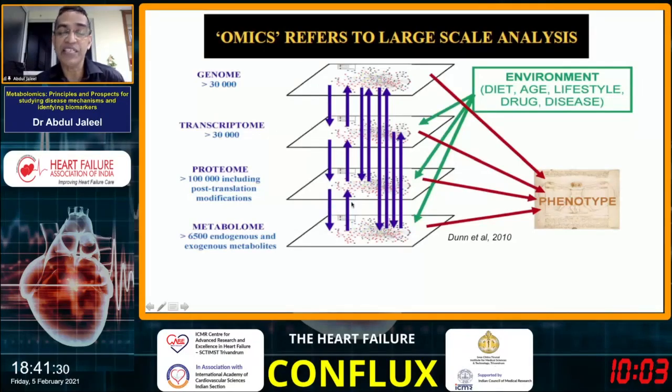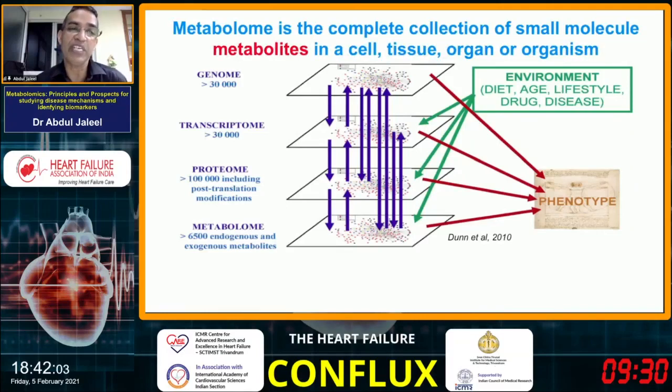But now scientists know that many of these things interact with and influence each other, which is why you see arrows in both directions. But I can tell you that the metabolome is much closer to the phenotype. Correspondingly, genome study is genomics, transcriptome study is transcriptomics, proteome study is proteomics, and metabolome study is metabolomics.